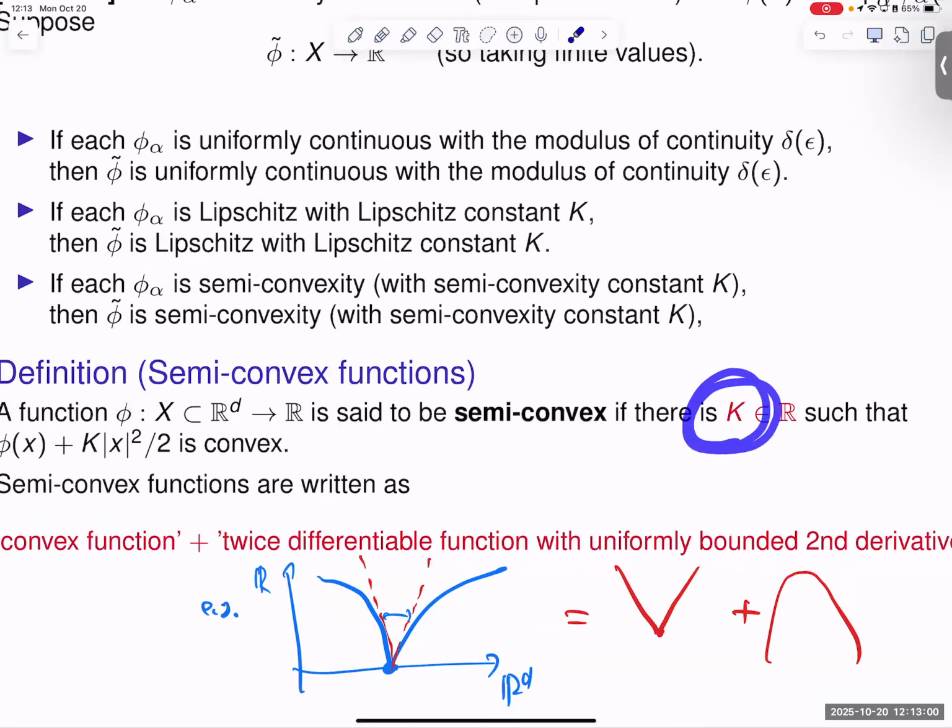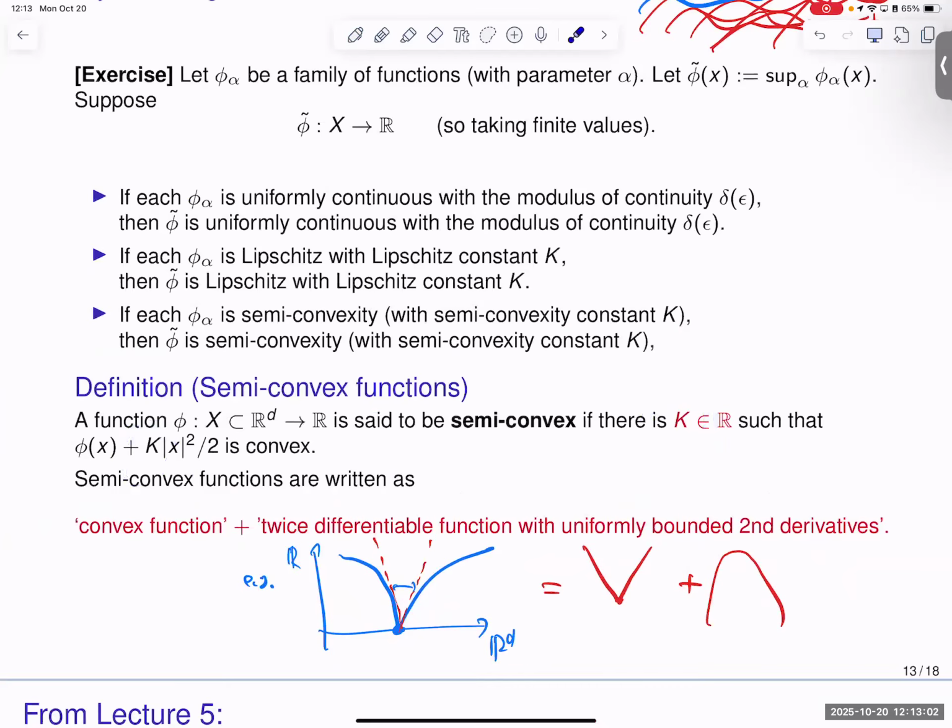let's just call this K, the semi-convexity constant. I don't know whether this is an official name, but let me just use it. Suppose each phi alpha is semi-convex with the same K for all alpha, then the supremum of their family is also semi-convex with the same constant K. So you can easily prove all these properties.